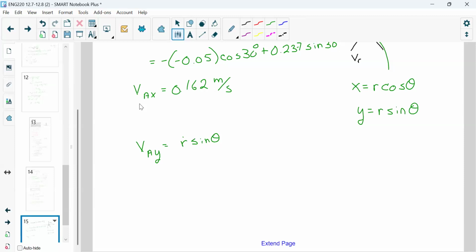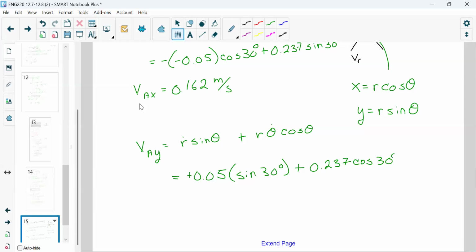All right, and then we're going to have plus r theta dot cosine theta. So those two are going to split. 0.05 becomes positive sine of 30 degrees. And then we're going to have 0.237 cosine of 30 degrees. And we end up with 0.180.